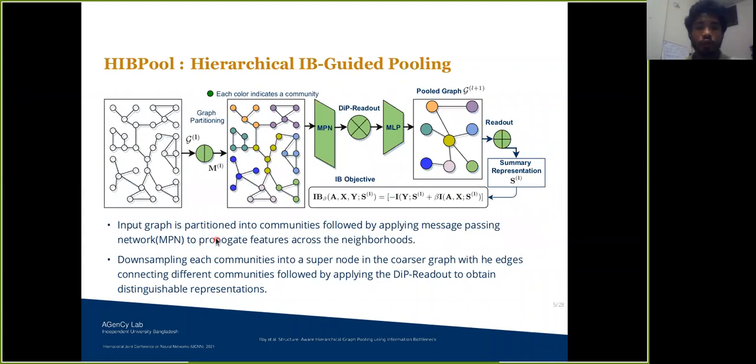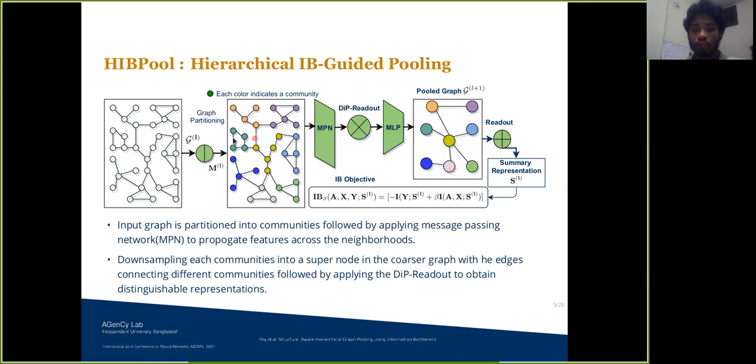Here is the overview of our HIBPool. The input graph is first partitioned into several communities, and we apply message passing networks to propagate features across the neighborhood. Then we downsample each community into a supernode and construct a coarser graph of supernodes, and the feature of each supernode is computed through the deep readout function.